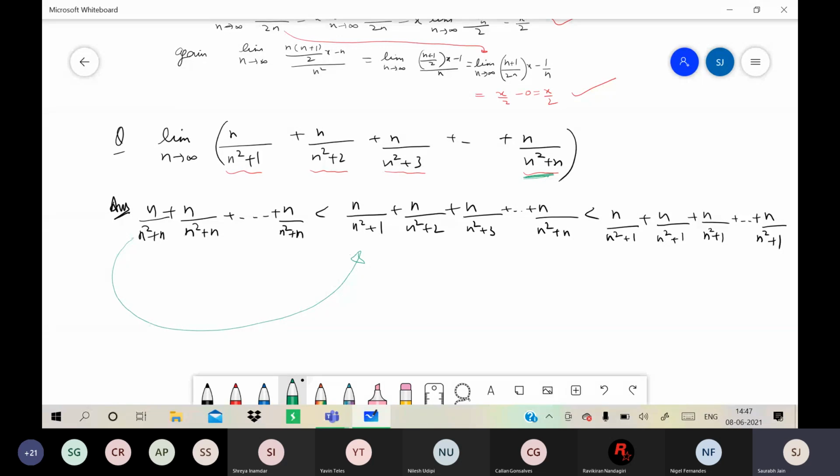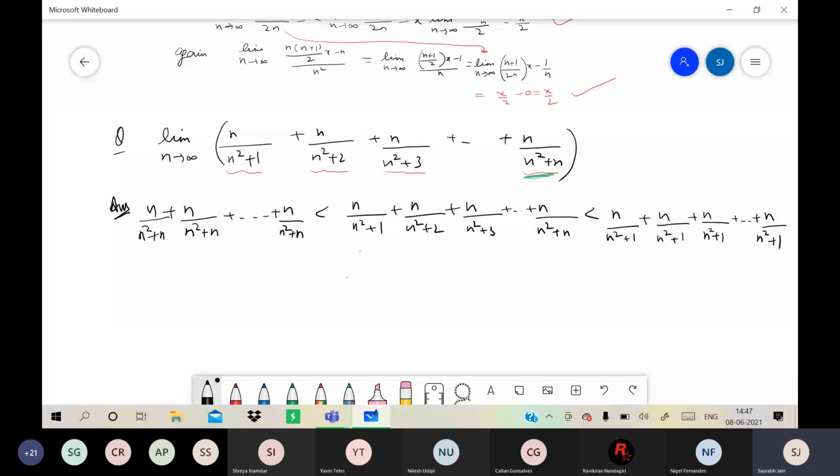Similarly, this value will be less than n upon n square plus 2, and the next value will be less than n upon n square plus 3, because every time I have written n upon n square plus 1. So it is very easy to understand that once I fix the smallest denominator and once the greatest denominator, I will be able to create this inequality.